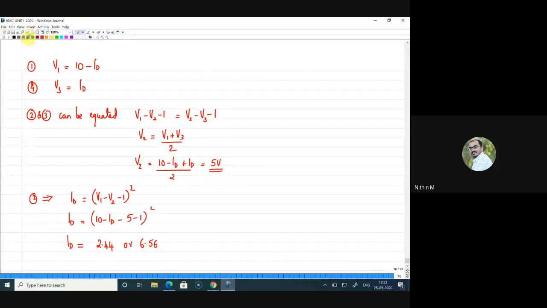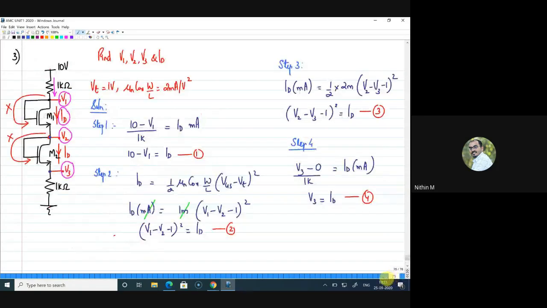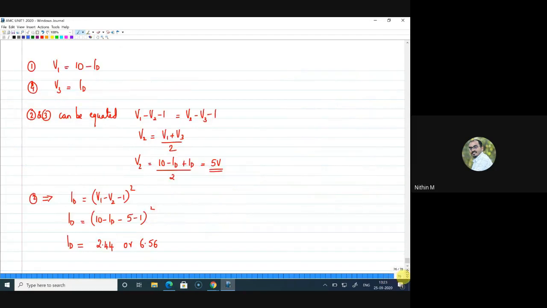But I would say you have to check. And how will you check which will be the ID value? You know that the MOSFET's VGS is V1 minus V2 or V2 minus V3. So let me have a check here. VGS of MOSFET 1 is V1 minus V2.